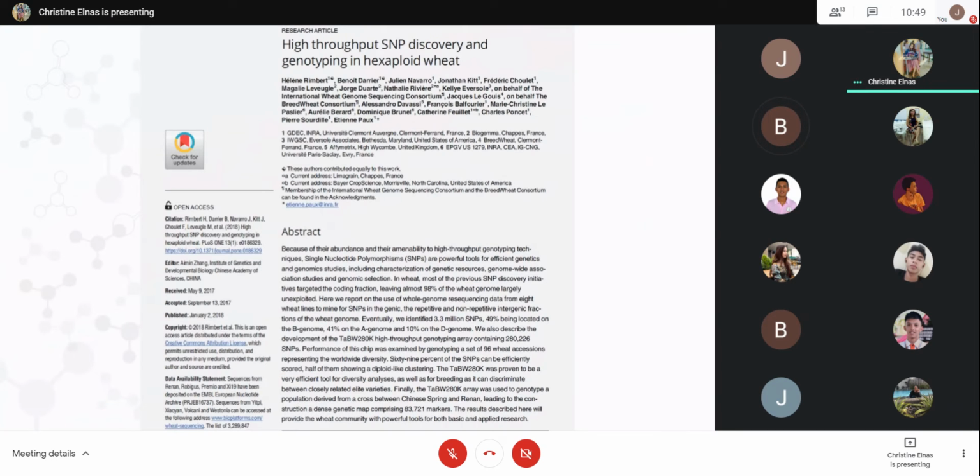One study related to genotyping is the high throughput SNPs discovery and genotyping in hexaploid wheat. So in this study, high throughput genotyping means the simultaneous genotyping of few to several hundreds or thousands of markers in hundreds or thousands of individuals.